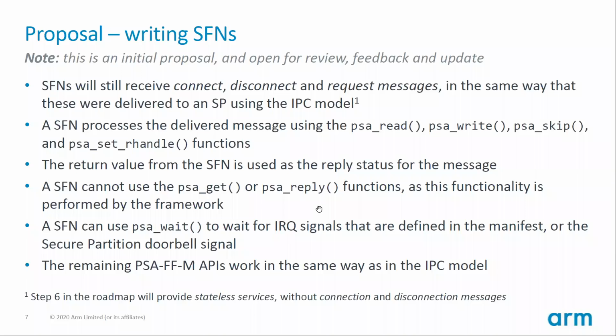Once you have the request in a secure function, you have a pointer to the request message. With that, you can then use PSA read, PSA write, skip, which skips past some of the data in a read input parameter, and the set R handle functions. So you can associate service side resources with a particular session on the client.